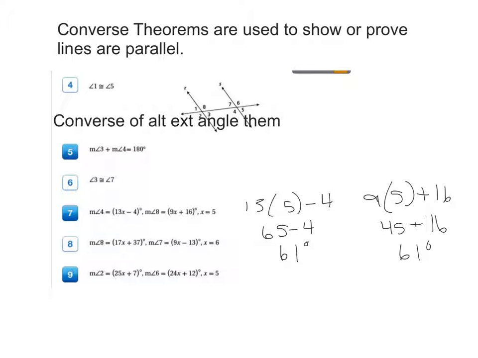So angles 4 and 8 are alternate interior, so they're supposed to be congruent. Since we know that they're congruent, we can then say that the lines are parallel because of converse of alternate interior angle theorem.